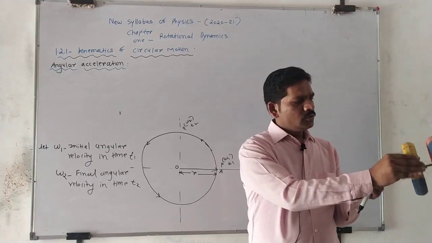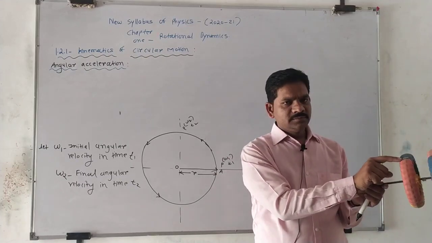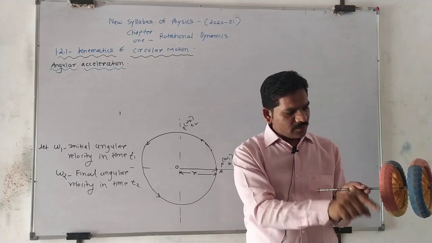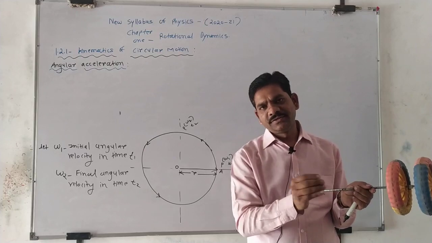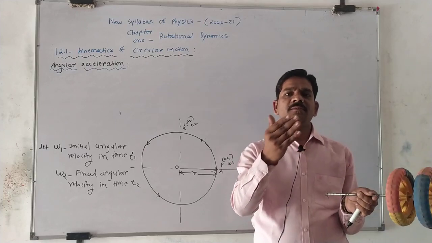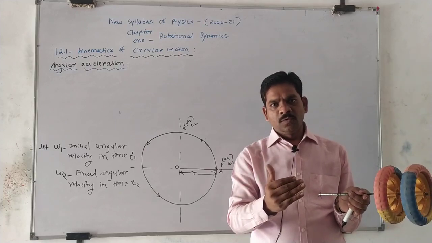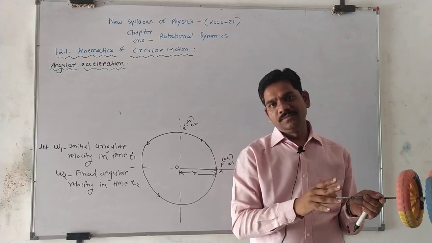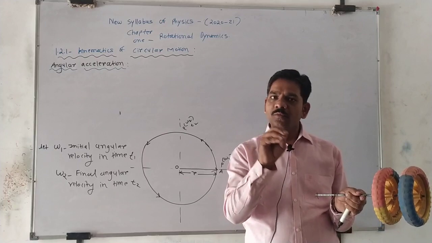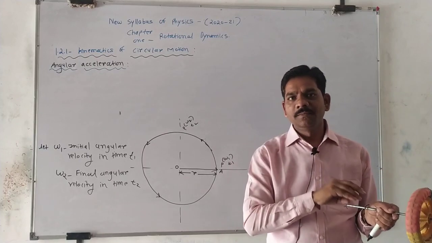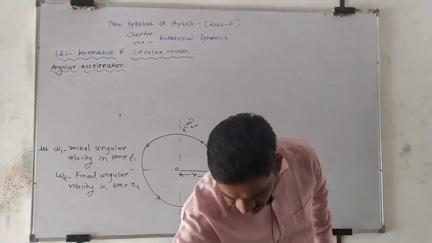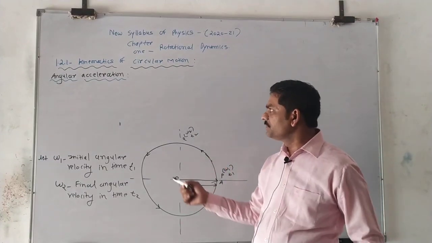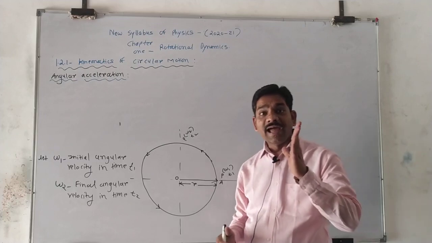The angular velocity of a particle on the circumference changes, sometimes maximum, sometimes less. This variation changes with respect to time, because in motion time is always present. So this whole condition is nothing but angular acceleration.